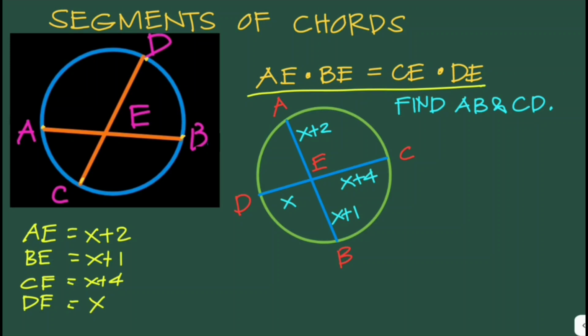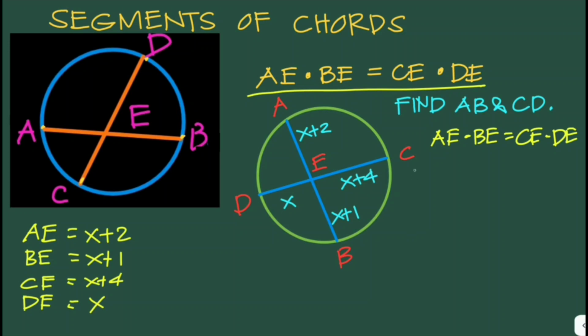And then we solve for the value of x first before we can solve for the lengths of chords AB and CD. So that would be AE times BE equals CE times DE.